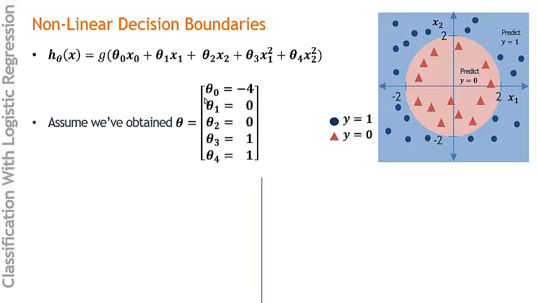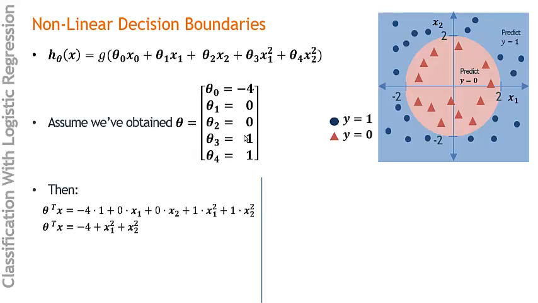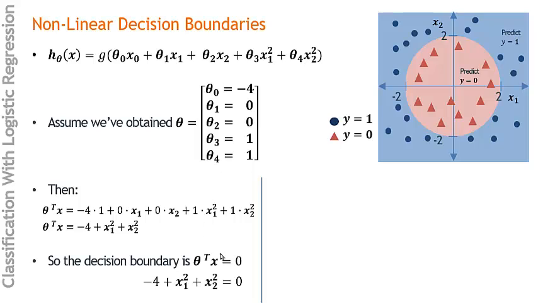Okay, so for instance, assume that we've obtained these values of theta. Then we have this function, theta transpose x equals minus 4 plus x1 squared plus x2 squared. Now if you set this equal to 0, that's the same as x1 squared plus x2 squared equals 4, which is exactly this circle. So this gives us a decision boundary.